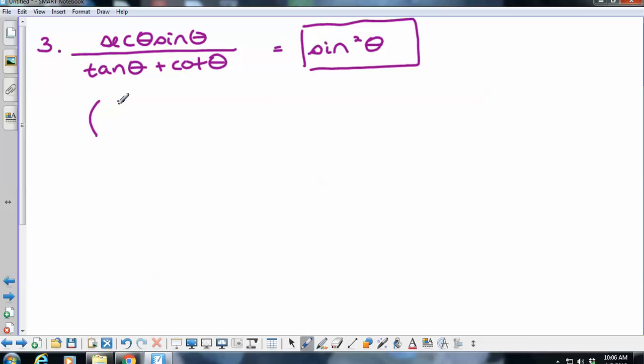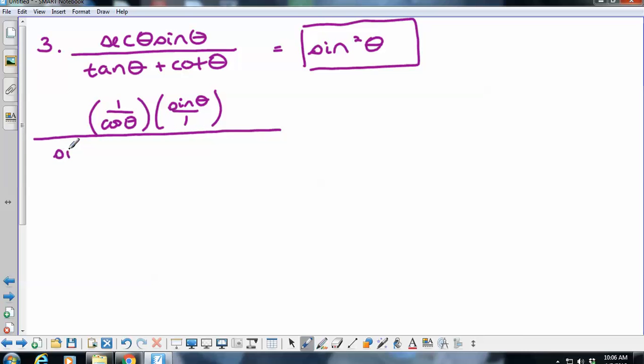So secant is 1 over cosine. This would be like a sine theta over 1. Tangent is sine theta over cosine theta. Cotangent is cosine theta over sine theta.